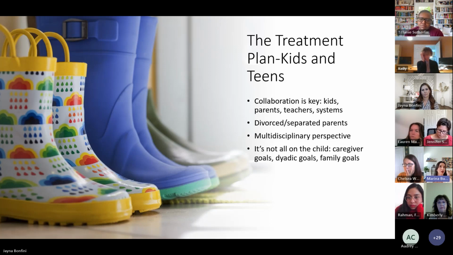If we have a 5-year-old that is having trouble with self-regulation, it wouldn't be developmentally informed to have a treatment plan that says, Johnny is going to learn these skills to self-regulate, blah, blah, blah, right? Because if we understand children that age, we understand the importance of co-regulation, for example. So when you have other adults involved that are willing to be a part of the treatment process, do not put the onus on the child in the treatment plan.